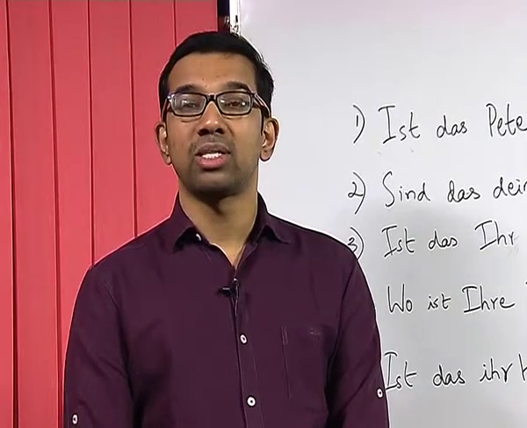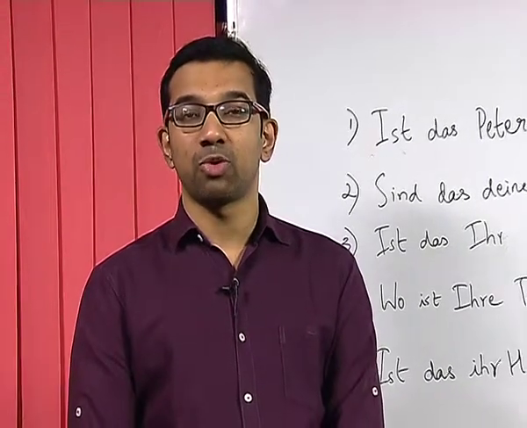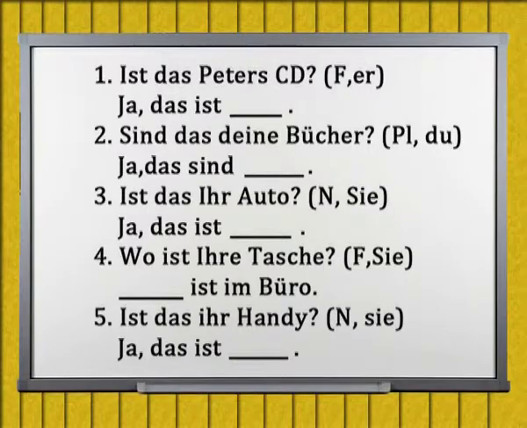Now, let us look at some examples and learn how the possessive article functions as a pronoun in the case of singular pronouns. If you look, I have certain sentences here with blanks. Now, let us write the answers together for these blanks.